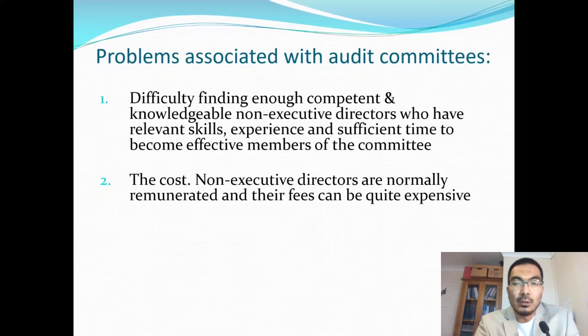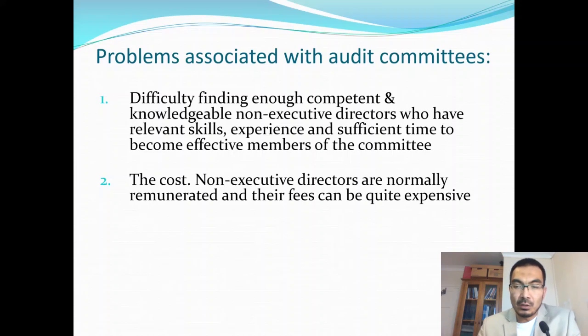Obviously, the opponents of the audit committee argue that the executive directors may not understand the purpose of an audit committee and may perceive that it distracts them from their authority. There might also be a difficulty in selecting sufficient non-executive directors with the necessary competence in auditing matters for the committee to be really effective.